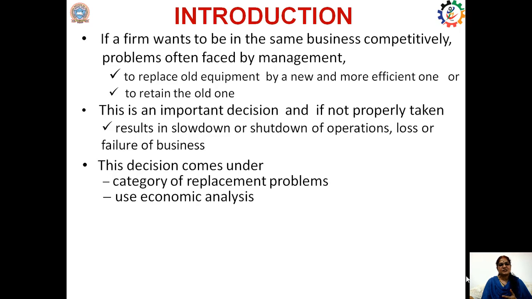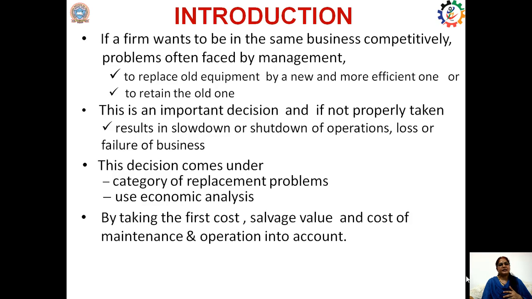These decisions come under the category of replacement problems, and they make use of economic analysis, wherein cost data of all the alternatives available will be considered and analyzed, and ultimately the correct decision will be taken based on the results obtained.